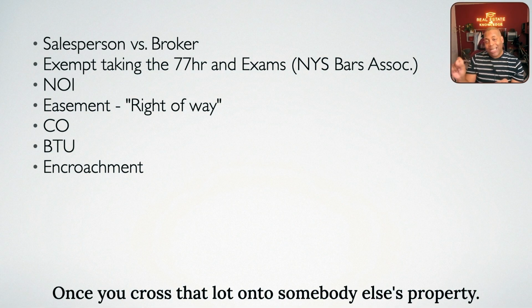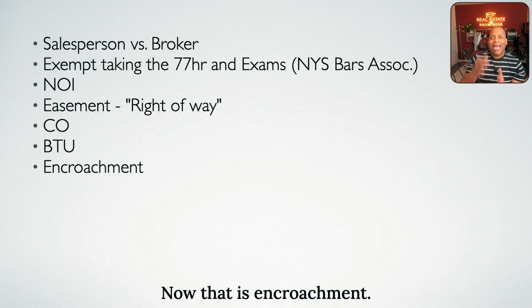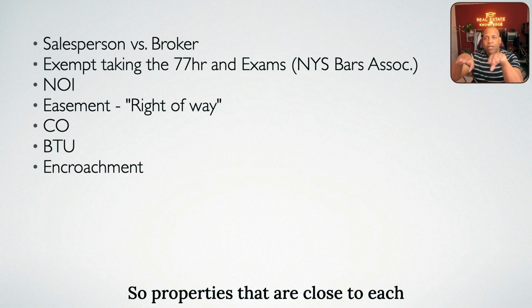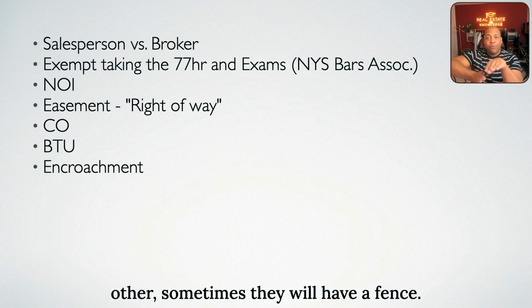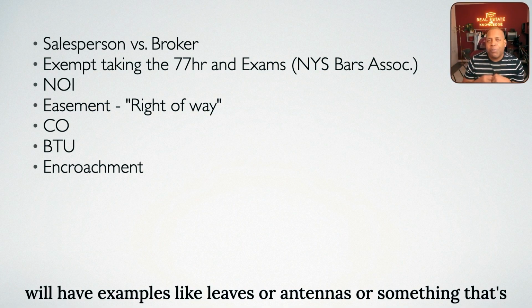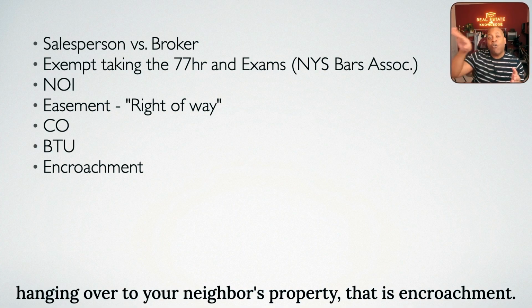Once you cross that lot onto somebody else's property, that is encroachment, right? Properties that are close to each other sometimes have a fence. If something is hanging over, and your textbook will have examples like leaves or antennas hanging over to your neighbor's property, that is encroachment.